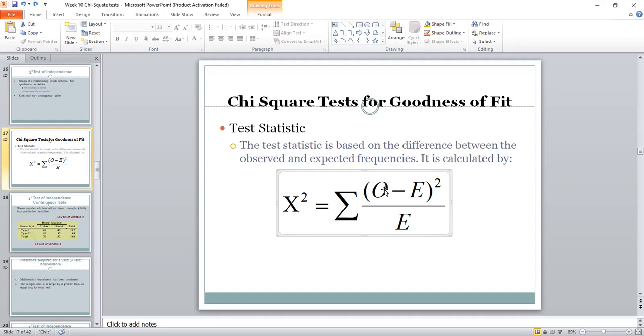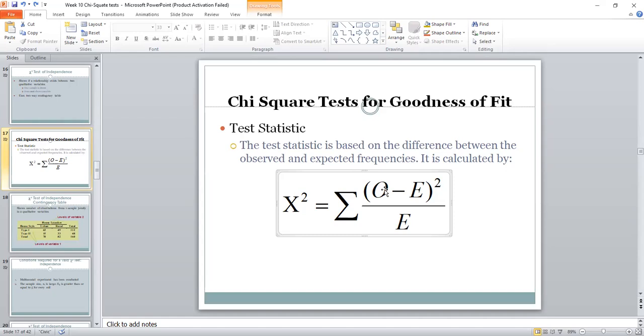And I'll tell you how you get this in a minute. That's the first one. Note number two: the chi-square test is driven by what are called contingency tables. A contingency table is just a one-way table, a two-way table, a frequency distribution table.